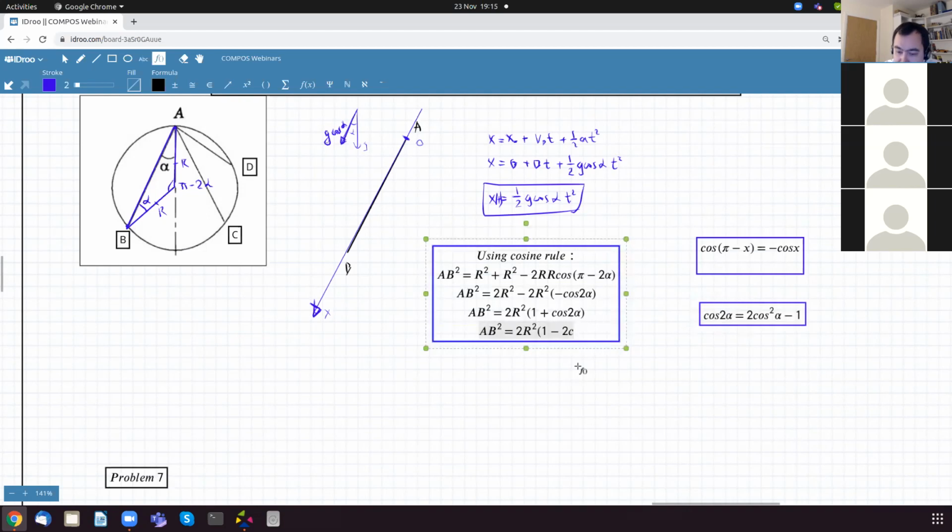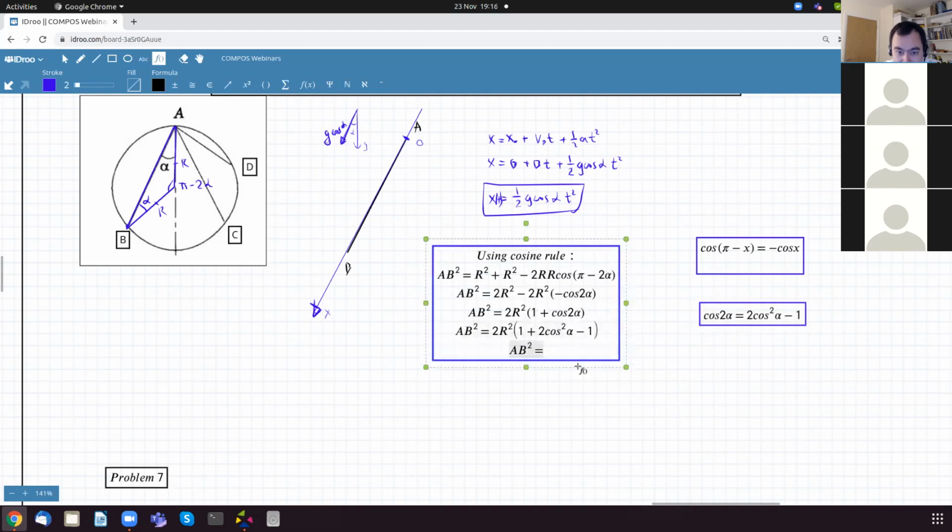Notice that. So it's going to be 1 plus 2 cos squared alpha minus 1. The 1 cancels out.